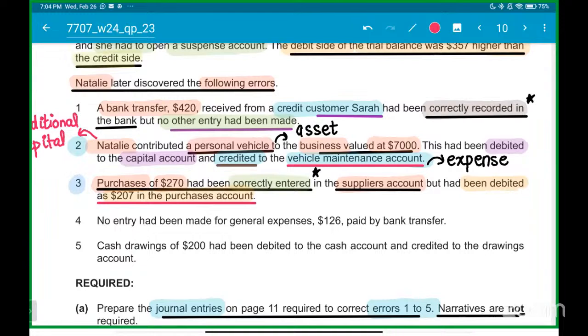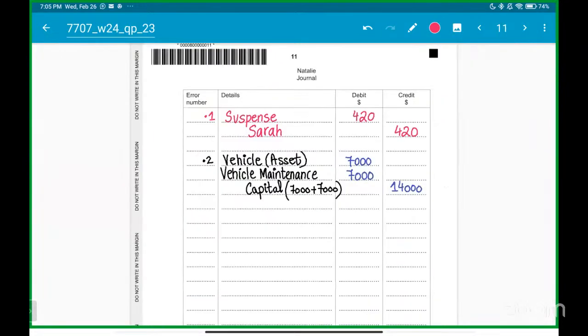I repeat my point, students. The credit side was recorded correctly, but the debit side was not recorded correctly. So this will be an error that is affecting the trial balance. Since purchases were $270 and we have recorded 207, it will be error number three. You go on and increase the purchases, because purchases increase on the debit side.